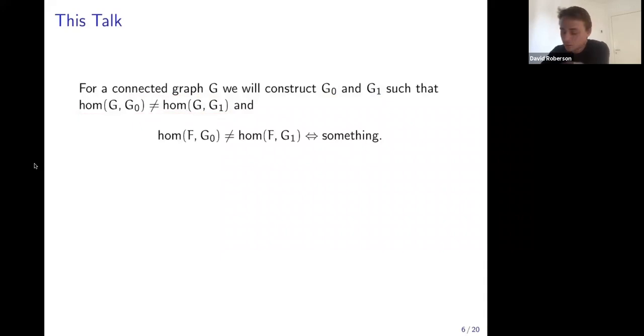Okay, we can, in a certain sense, characterize when a graph F has a different number of homomorphisms to the two graphs. I've left this very vague here because the actual condition is somewhat complicated to state, but we'll get to it at the end of the talk. So I haven't really said anything yet, right? This is basically trivial if I don't define what this means.